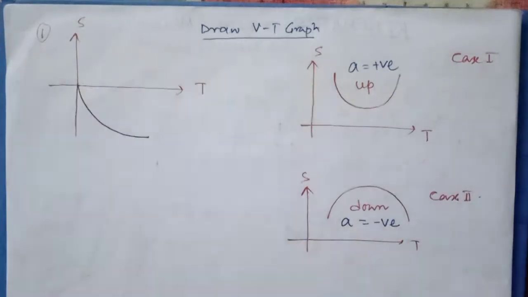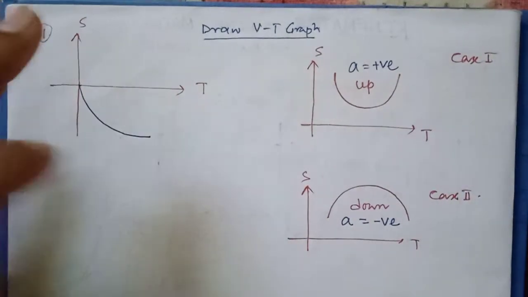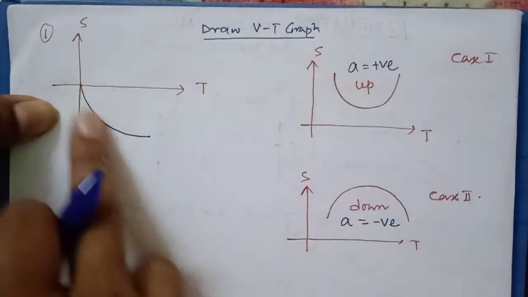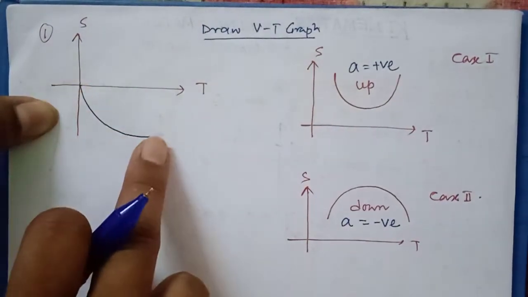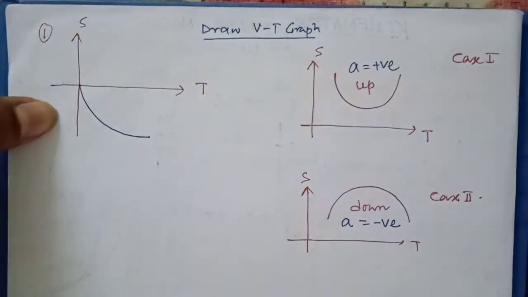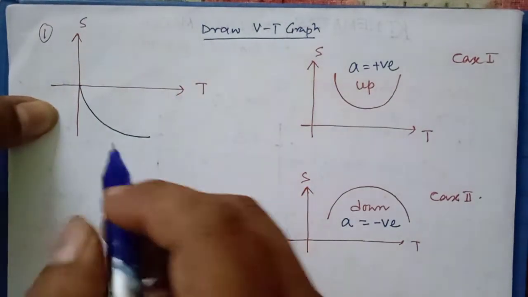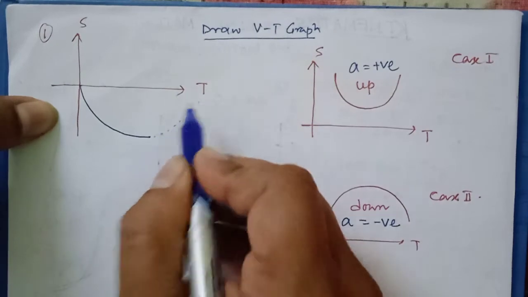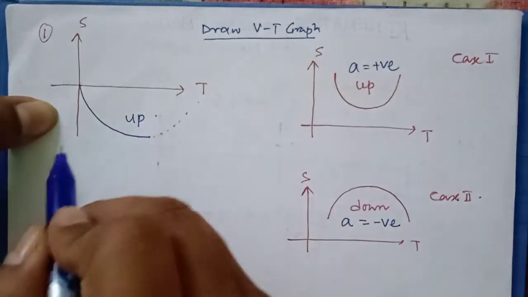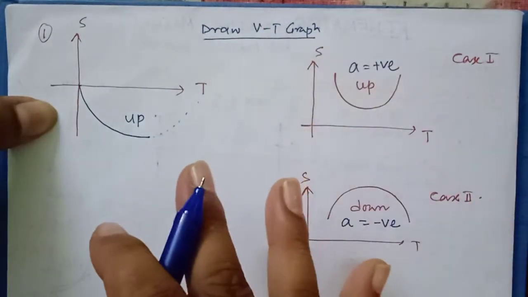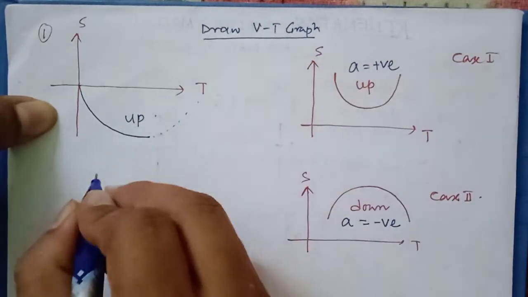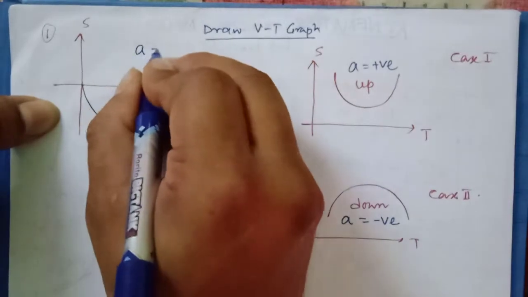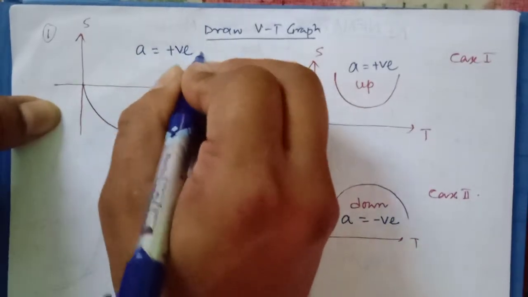Got it? Now come to this problem. See, what do you think? Is this graph concave up or down? You tell me. Sir, this is concave up. So concave up means in the whole motion, acceleration is positive. Okay.